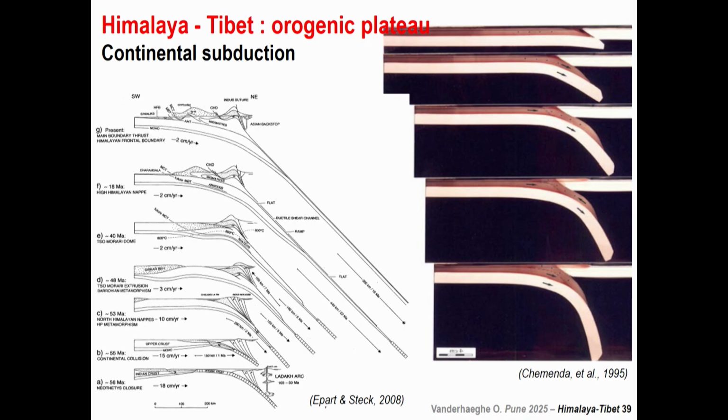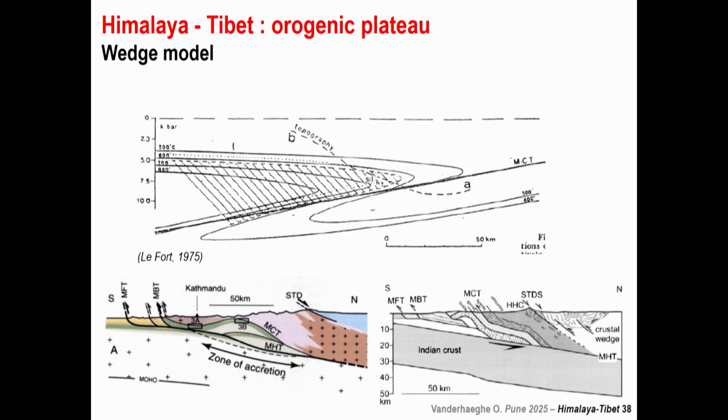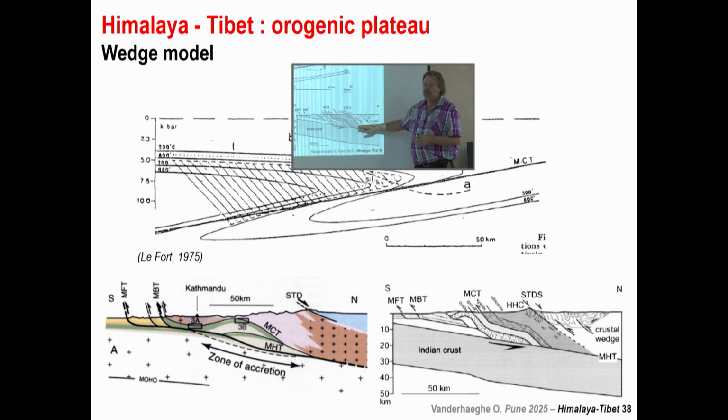So now let's take into account that this model does not account for the Tsomorari. Because in this type of model, the rocks go down to, let's say, at most 50 kilometers of crust. That's the thickest, or maybe we can go down to 70.